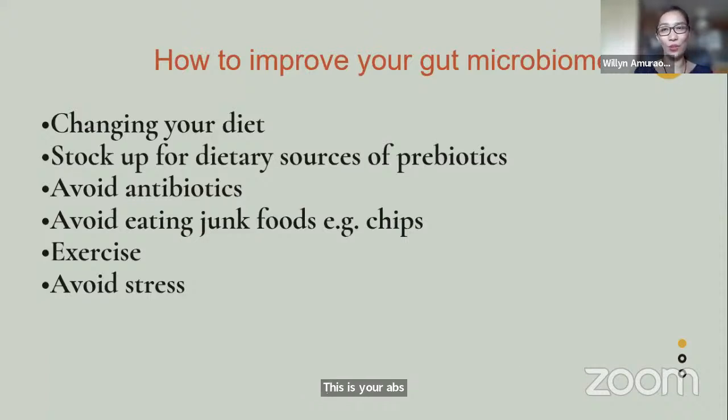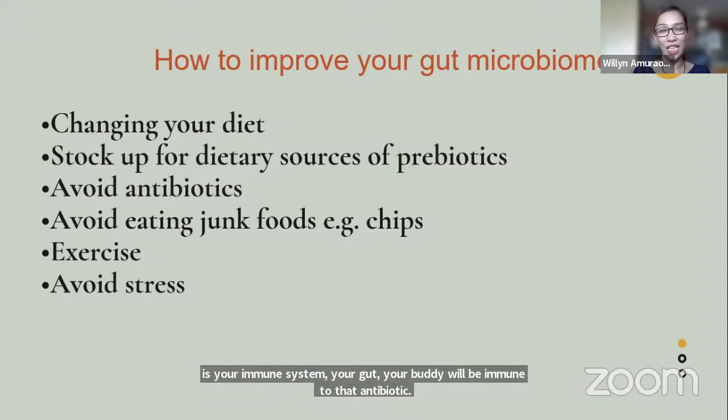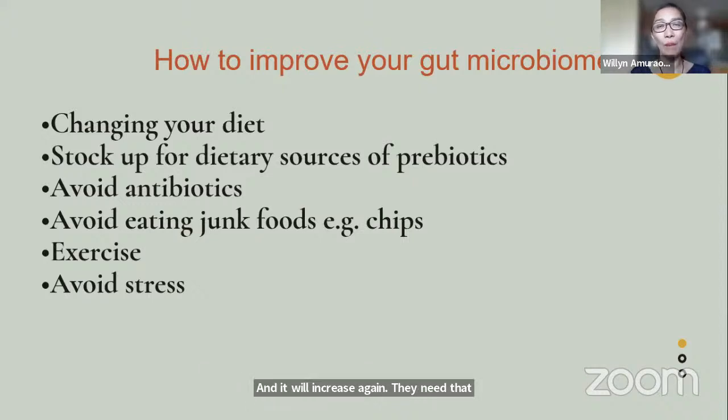Your body will become resistant to that antibiotic, and it will increase again the need for antibiotics. So what will happen to your body? Those normal flora will be destroyed, and you will be resistant to those kinds of antibiotics. Okay, so as much as possible, we have to eat properly to avoid taking antibiotics.